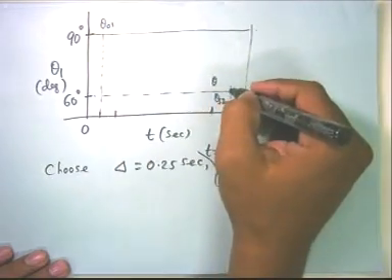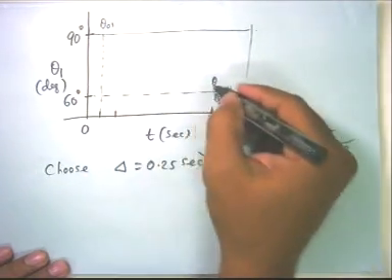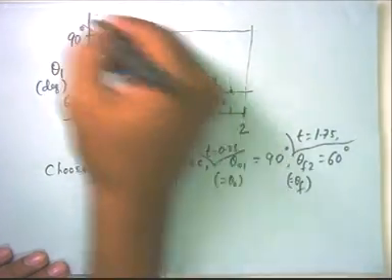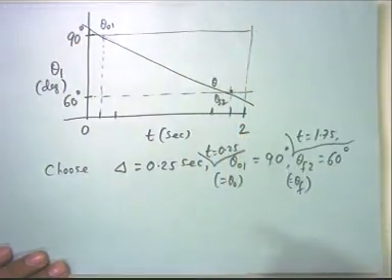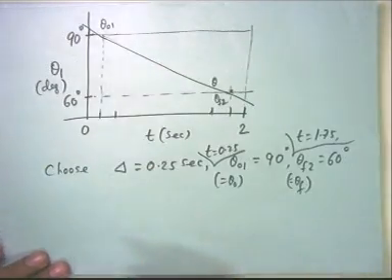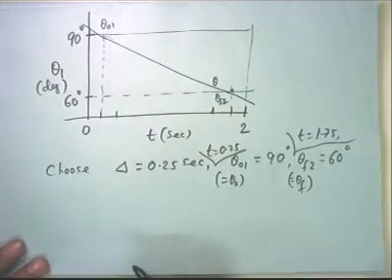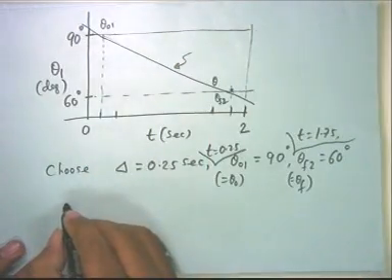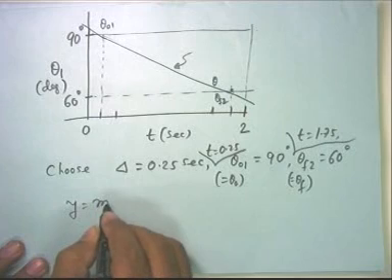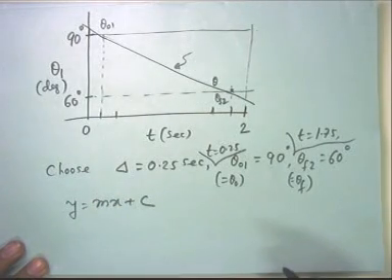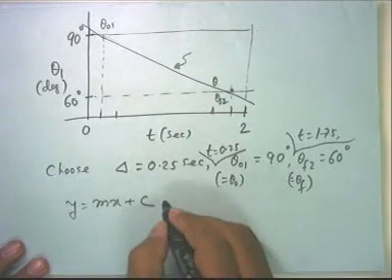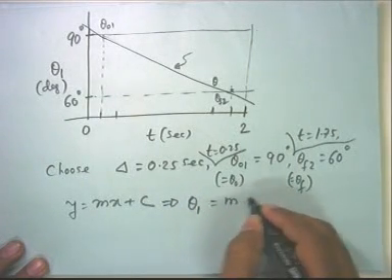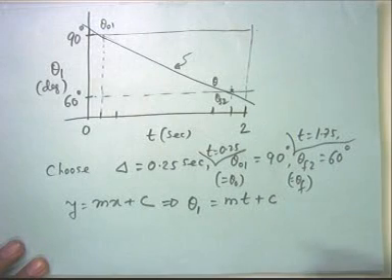So I join with a straight line. Now how to find out the equation of the straight line? I assume the equation of the straight line is y equal to mx plus c, okay, or in other words, theta 1 is equal to m t plus c.